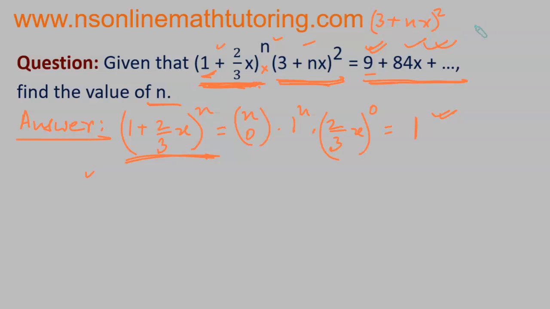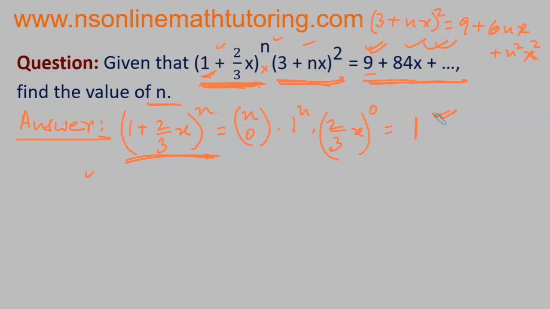This is to the power of 2, there will be only 3 terms. So it will be 3 squared, which is 9, plus 2 times 3 times nx is 6nx, plus n squared x squared. These will be the three terms. Because it is having a power of 2, it is very easy to expand.